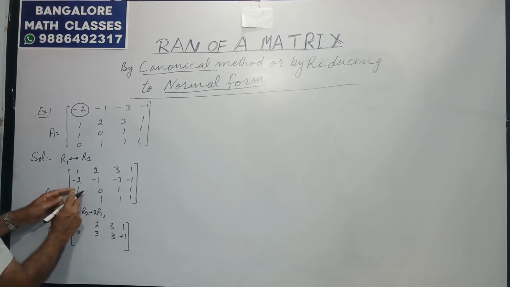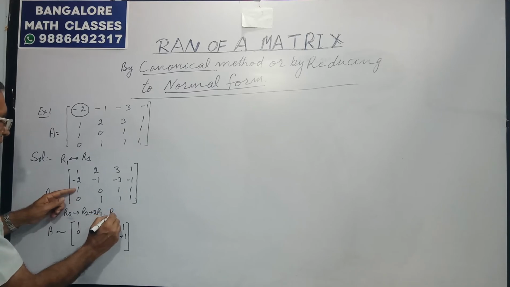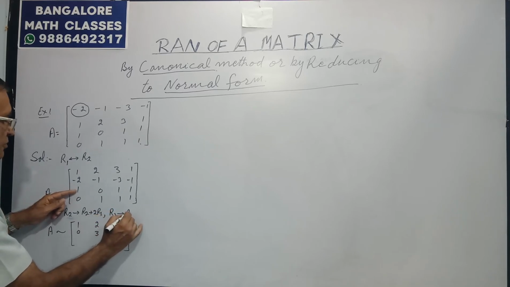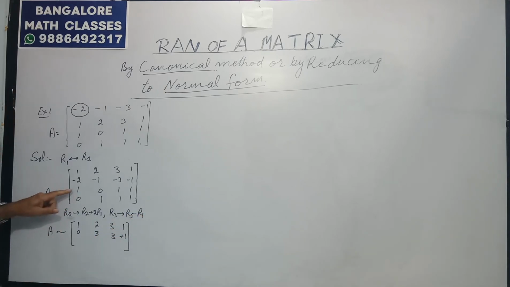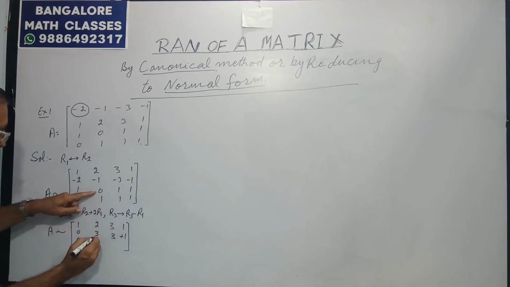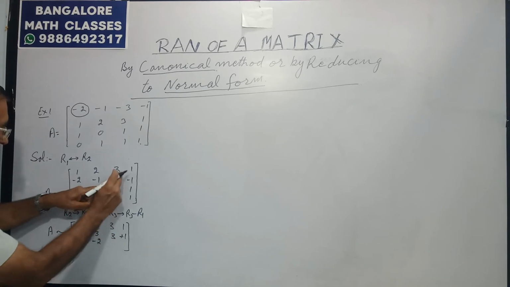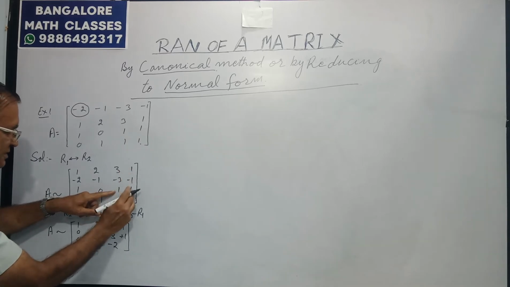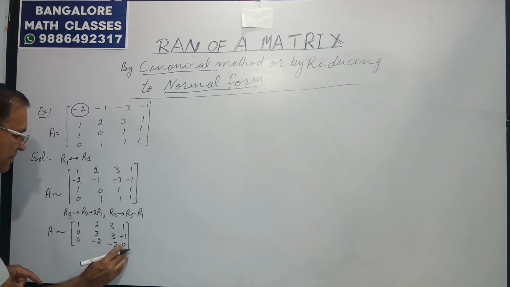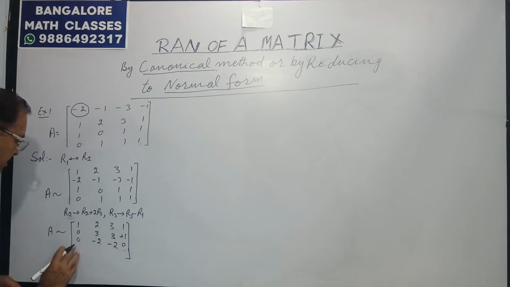Then here I also want 0. R3 becomes R3 minus R1. I will put my finger on R3. Minus R1, 0. Minus R1, minus 2. Minus R1, minus 2. Minus R1, 0. I am repeating this, see once again.